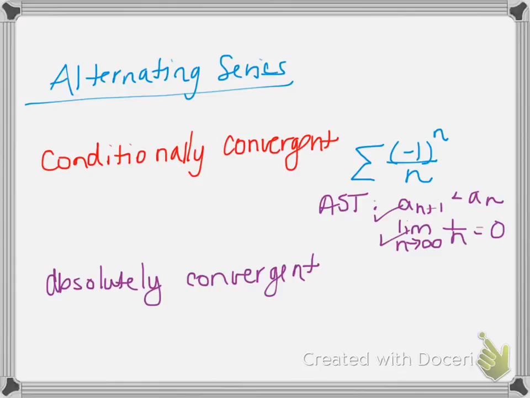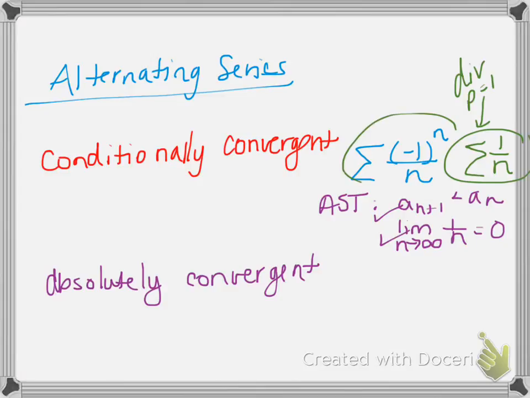So it converges with the negatives by the alternating series test. However, the series without the negatives, just the 1 over n, diverges because of the p series, and p is 1. Well, because the series without the negatives diverges and the series with the negatives converges, that makes it conditionally convergent.